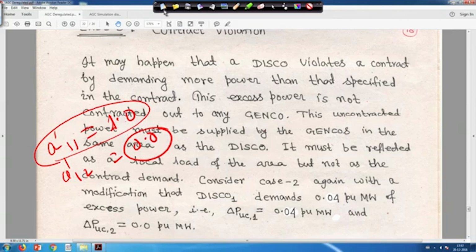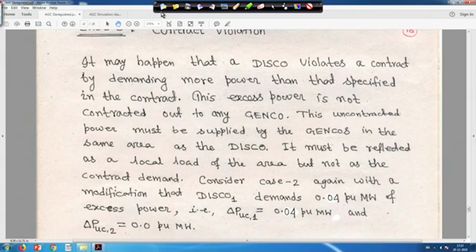So, this is the idea: in that case suppose DISCO 1 demands 0.04 per unit megawatt of excess power, that is delta PUC1, that is, in area 1 uncontracted power is 0.04, and delta PUC2 is 0.0 per unit megawatt, because in area 2 no DISCO demands any excess power, right.